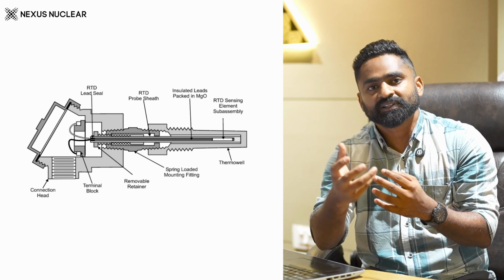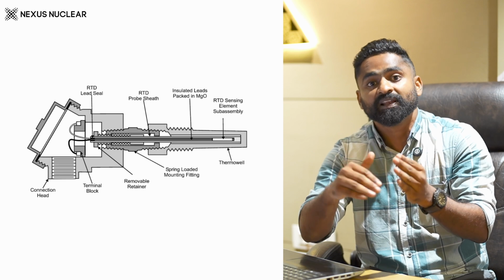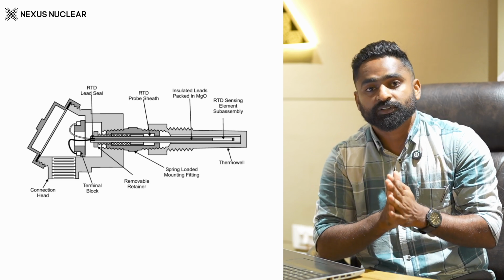There are 9 RTDs for sensing the stator winding temperature, a crucial part of the motor. Three sensors are provided for each phase, so 3 into 3, 9 RTD sensors are provided for detecting the temperature of the stator winding. And for monitoring the speed, there are 2 speed monitoring sensors also.